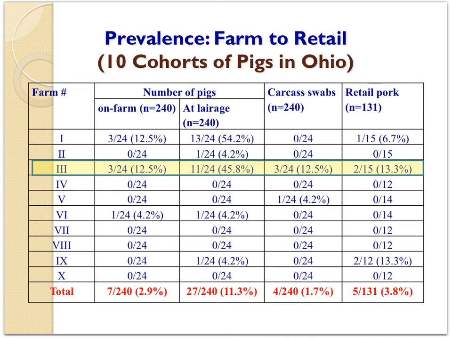So we picked 10 farms, you see here from 1 to 10, and we followed them from farm to lairage, the pen where they stay at the slaughterhouse, to carcass swab, and retail pork. Following a pig to its meat at retail is practically very difficult, right? But really in Ohio, I really appreciated the packers.